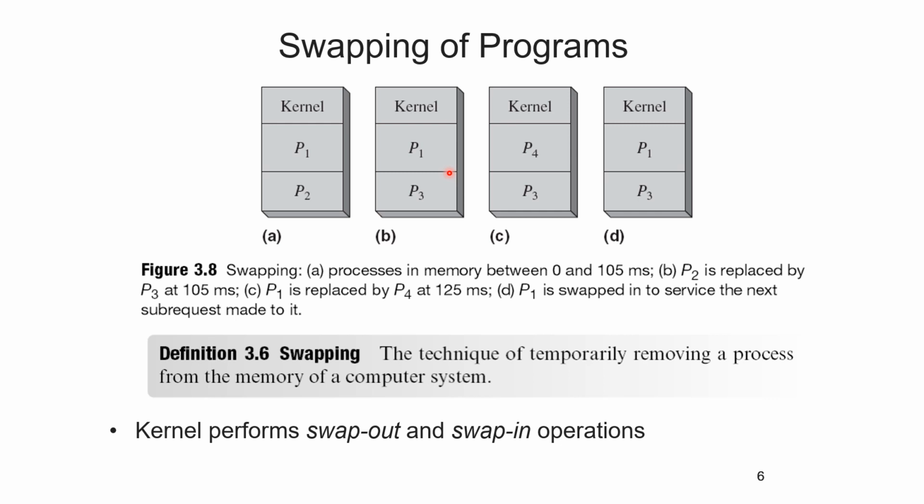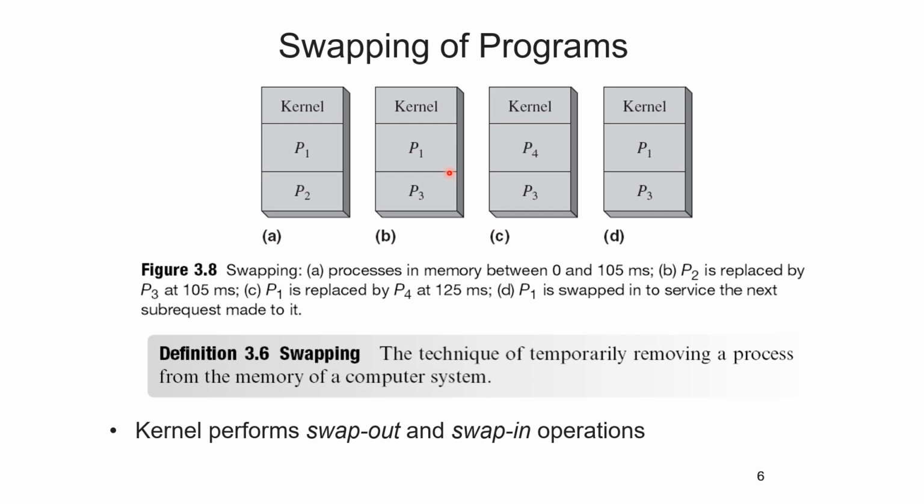Okay, so now which program will be removed from the memory? The program which will be selected is one that will not be scheduled in the nearby future. That kind of programs are selected for swapping. Okay, so those particular programs are removed from the memory and stored into the temporary storage. Okay, so whichever program is required will be stored into the memory.